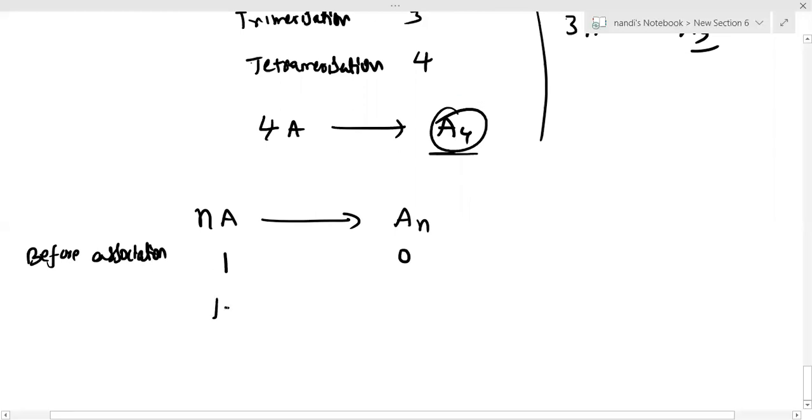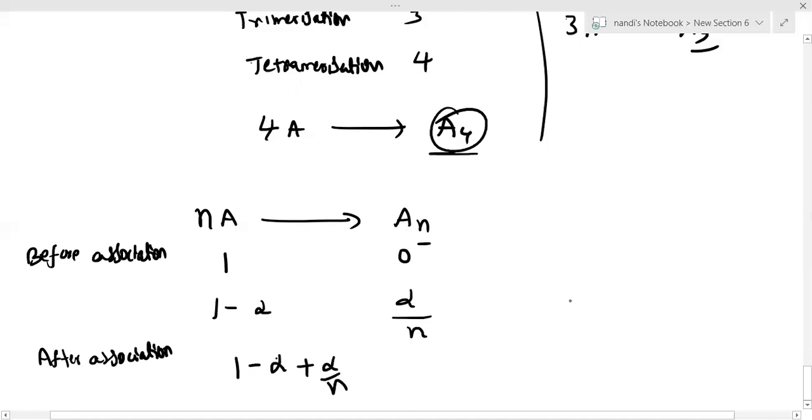After that, alpha associates, and I get alpha by n, since that many atoms together form the associated species. If n equals 2, take n equals 2; if n equals 3, take n equals 3. Then after association, the total number of particles equals 1 minus alpha plus alpha by n.